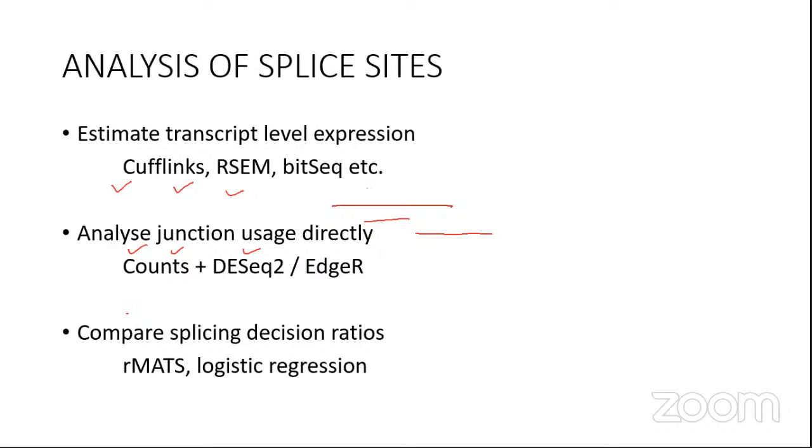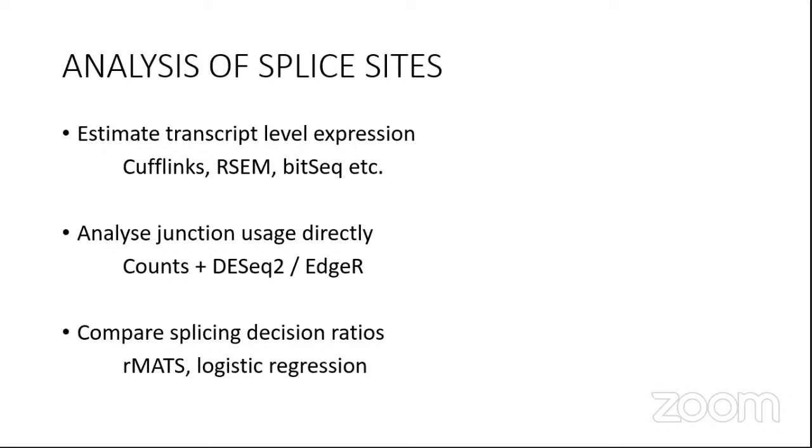Using logistic regression or rMATS, we can take the decision ratios. Suppose this is 10%, this is 20%, and the remaining is this percent. So we can see the percentage of each splice site using logistic regression.